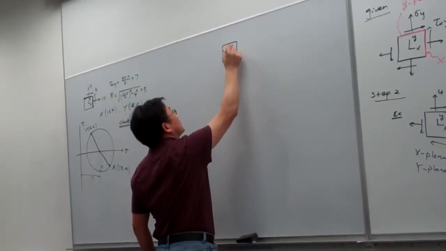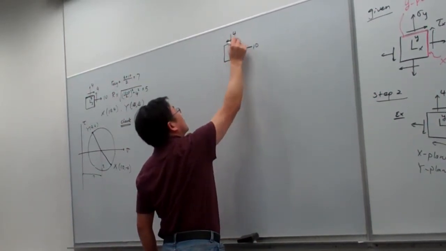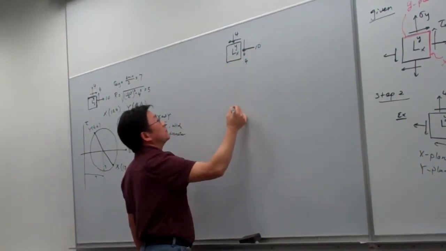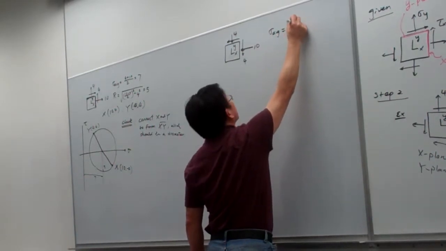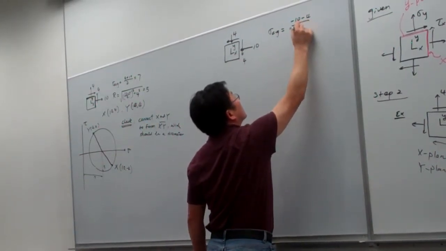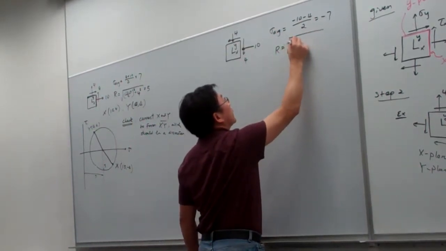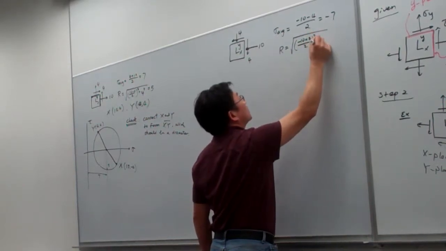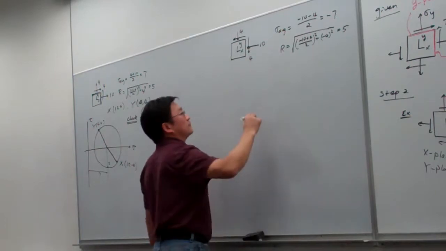The other example is this one. X is minus 10, 4, and Y is minus 4, 4. For this case, the average is equal to minus 10 minus 4 divided by 2, which is minus 7. The radius is the square root of ((minus 10 plus 4) over 2) squared plus minus 4 squared, and that is equal to 5.